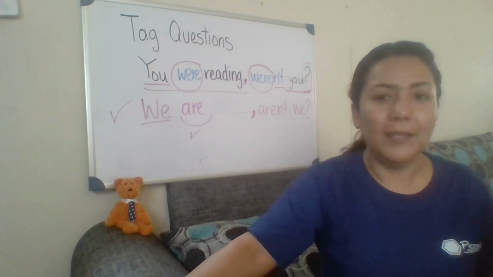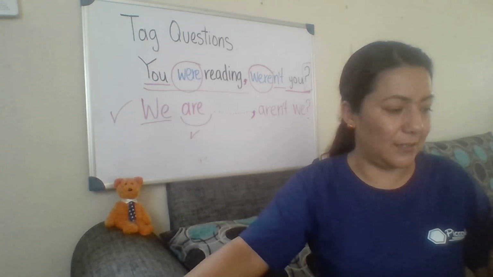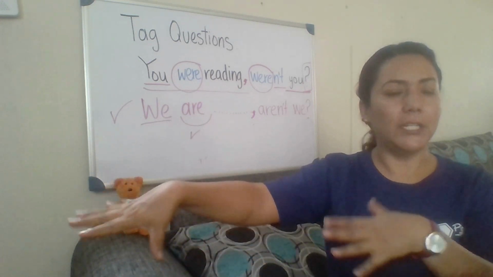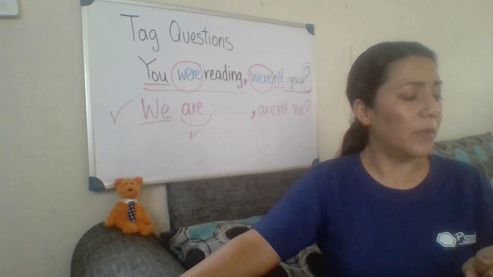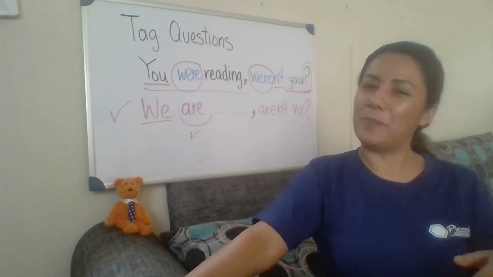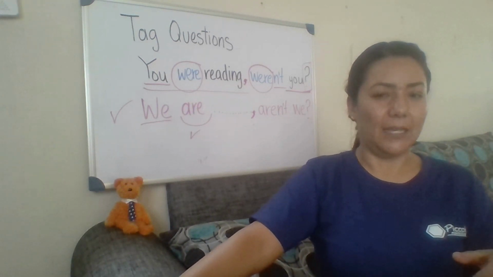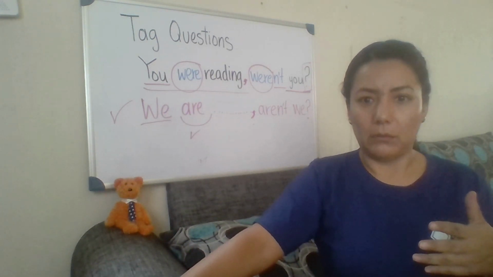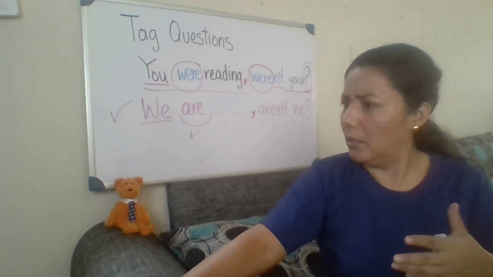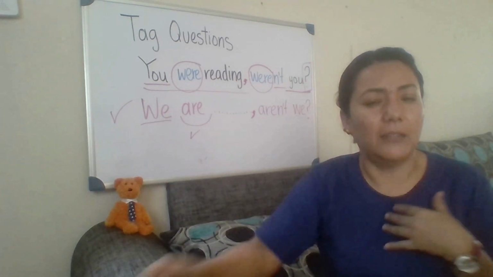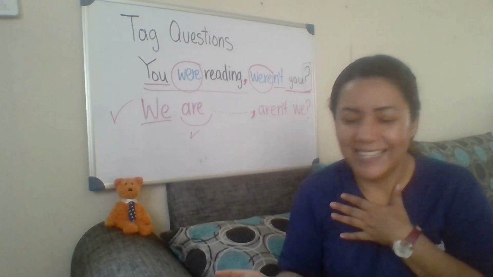For example, look at the first sentence. Your little sister tells you, I want another piece of cake. And you say, you don't want more cake, do you? Like, are you serious?